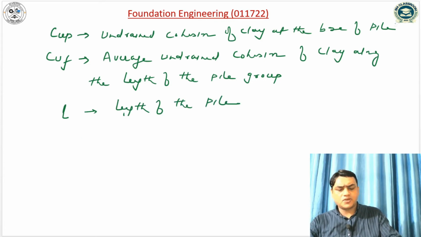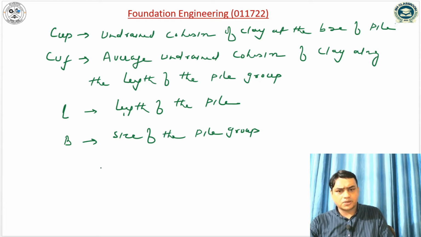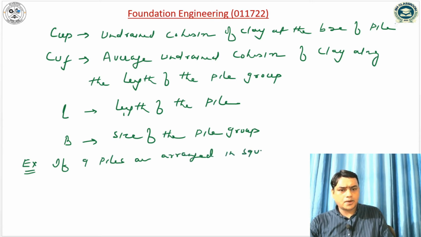Capital B is the size of the pile group. Let us assume 9 piles are arranged in a square pattern of 3 by 3.